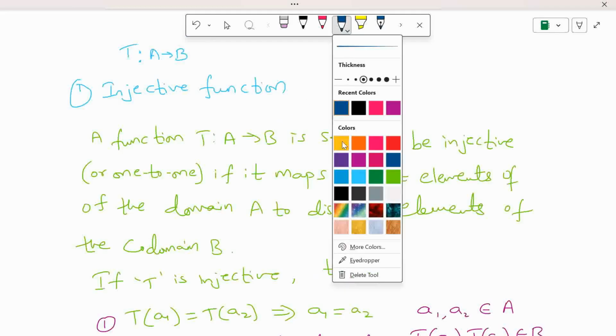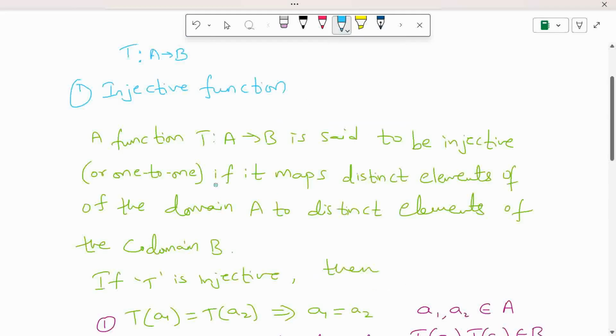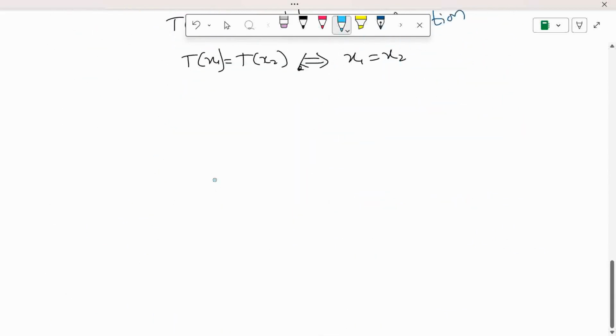Now let's see about surjective function.